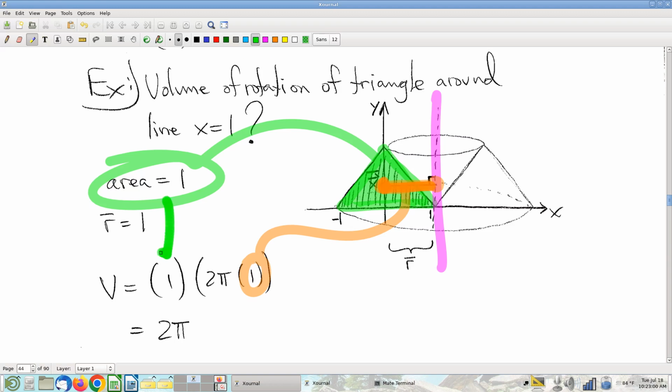So, area times 2 pi times the distance to the centroid, and our volume, super easy to compute. No integral necessary at all. Everybody see how nice that is?